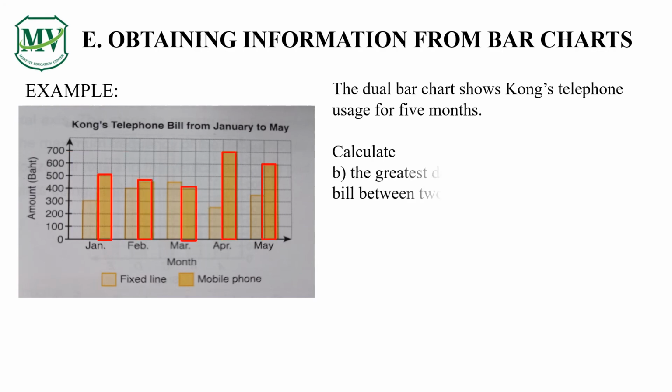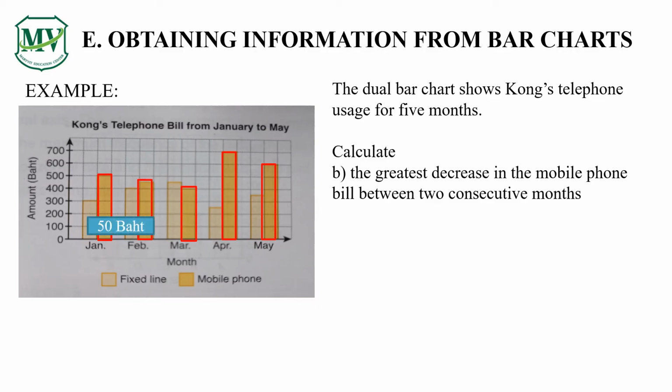Another question. Calculate the greatest decrease in the mobile phone bill between 2 consecutive months. So let's start with January and February. In January to February, the decrease is 50 baht. In February to March, the decrease is 50 baht.